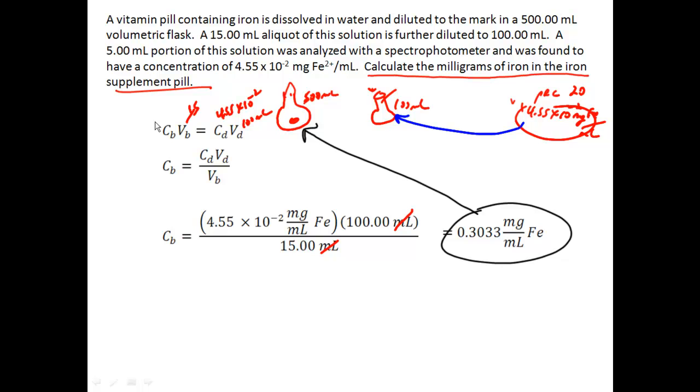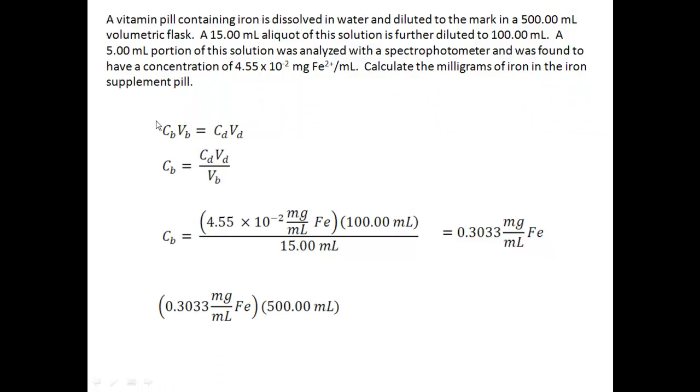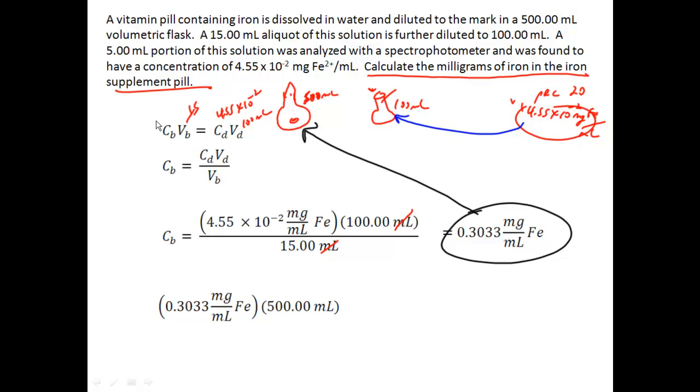Well, this is a ratio, milligrams per milliliter. If I know that's 500 milliliters, all I have to do is what? Multiply it, and then that tells me how many milligrams there are. Okay, because it's a ratio. So many milligrams per milliliter. If I know the milliliters, it tells me how many milligrams. So the next step in this problem would be to take the milligrams per milliliter ratio, 0.3033 milligrams per milliliter, and multiply that times my volume.